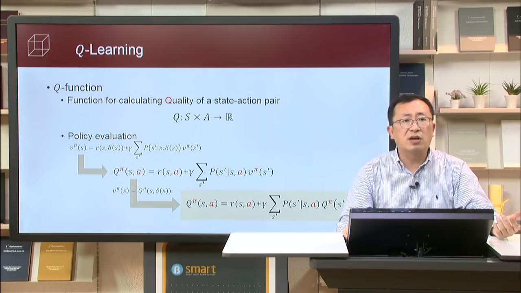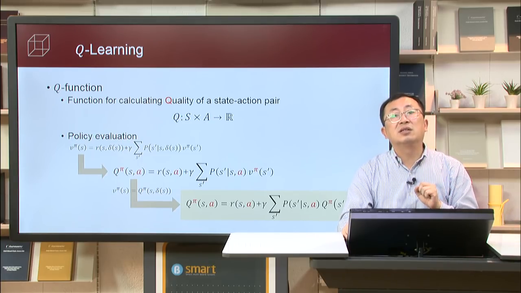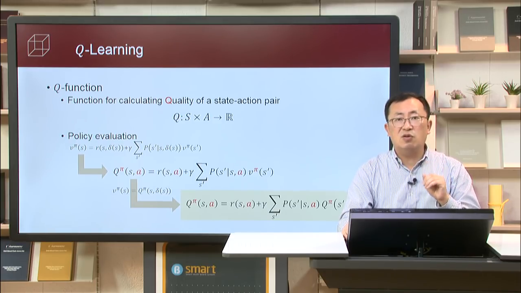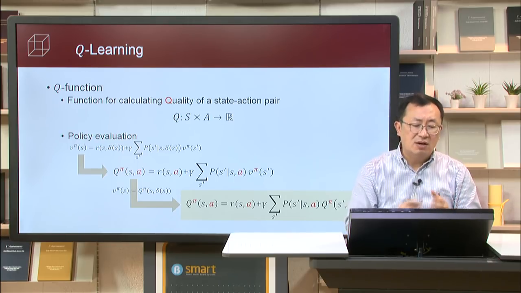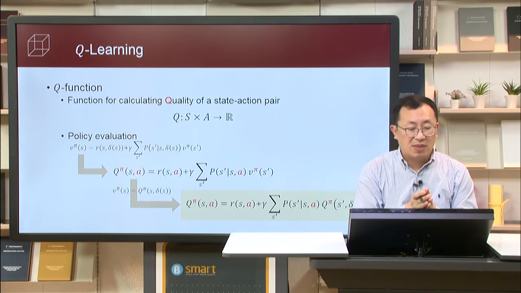All right, before examining the Q-learning algorithm, let us first understand what the Q function is. The Q function calculates the so-called quality of each state-action pair. For example, let's take a look at the policy evaluation equations.